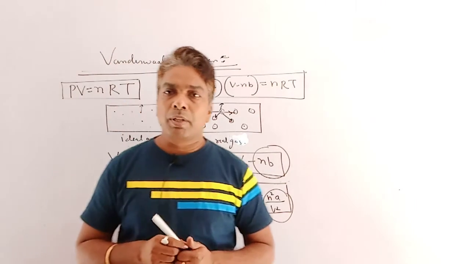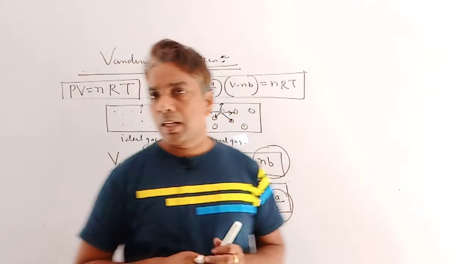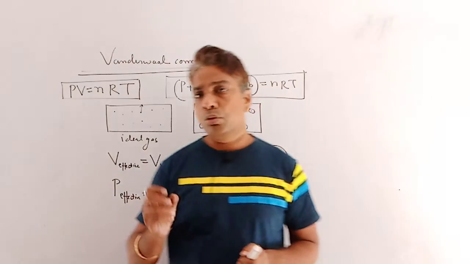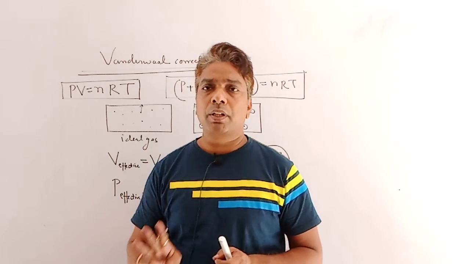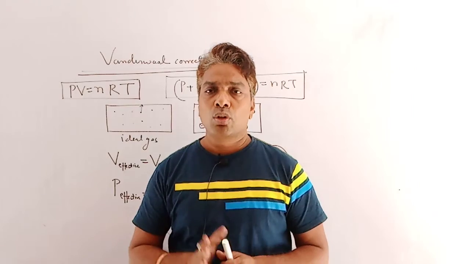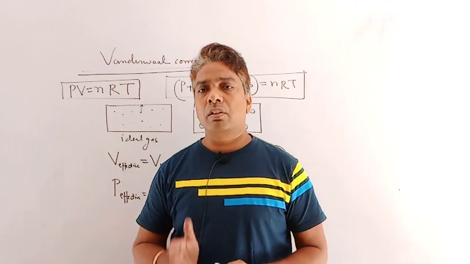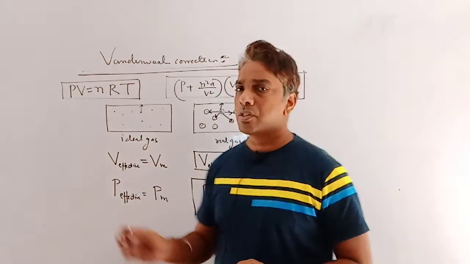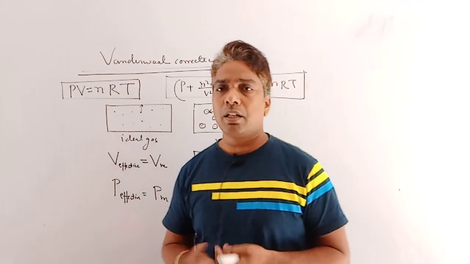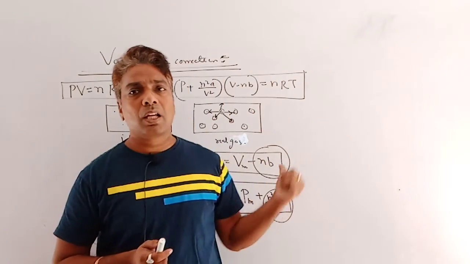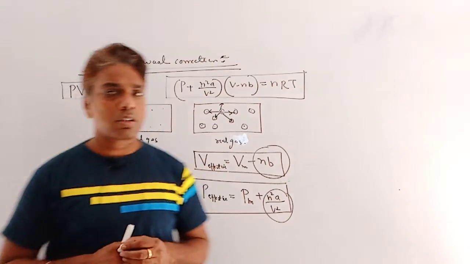Clear? Similarly, in case of ideal gas, the intermolecular attraction force between ideal gas particles is 0, so P effective is equal to P measured. But in case of real gas, it is not 0.